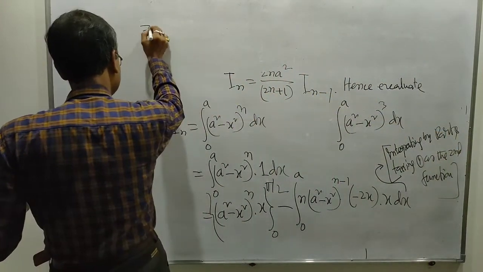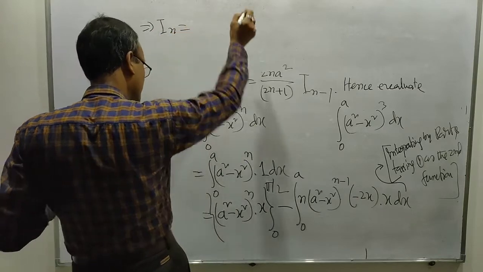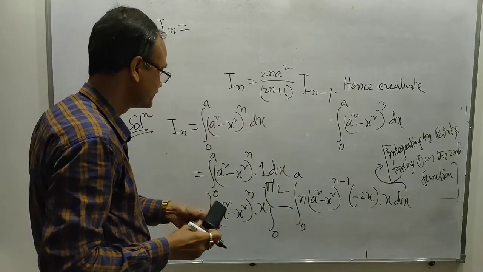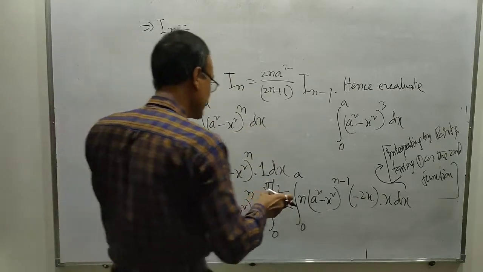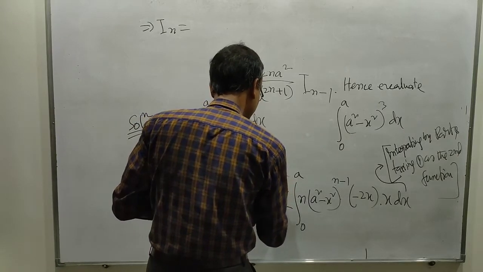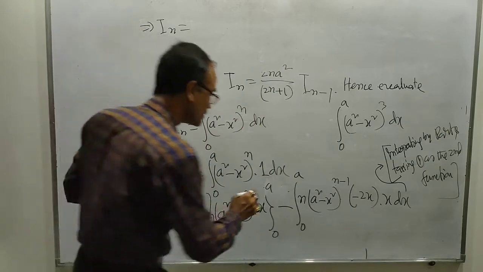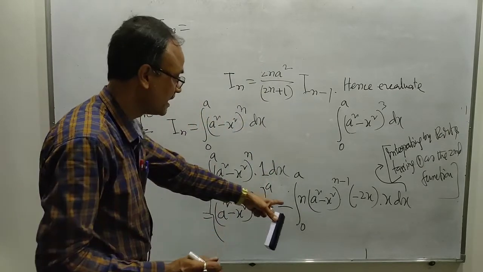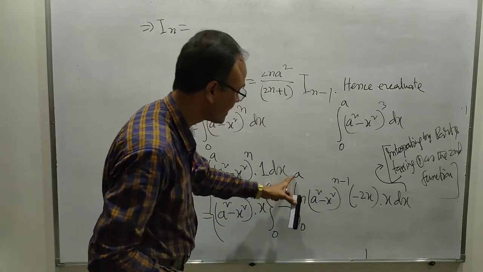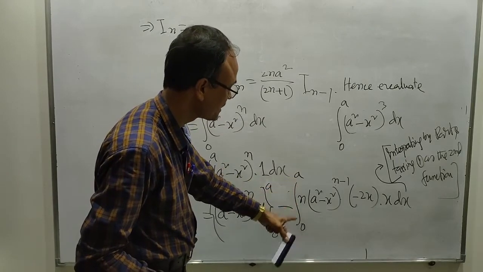Oh no, I am very sorry, this is not pi by 2, this is 0 to a. We are integrating from 0 to a. It is not pi by 2, it is 0 to a. And in this I have written correctly.